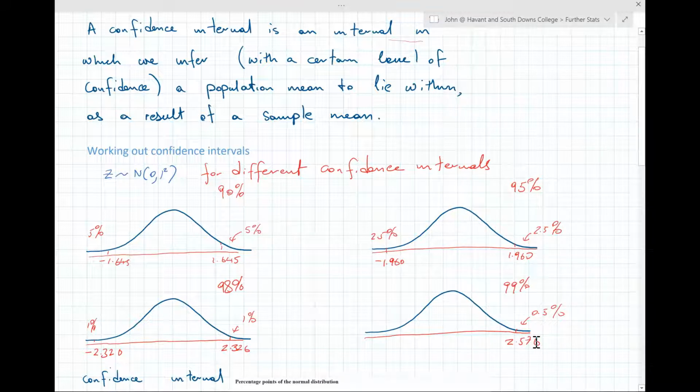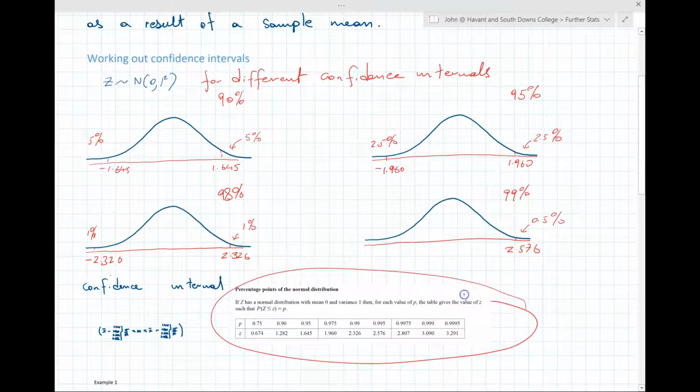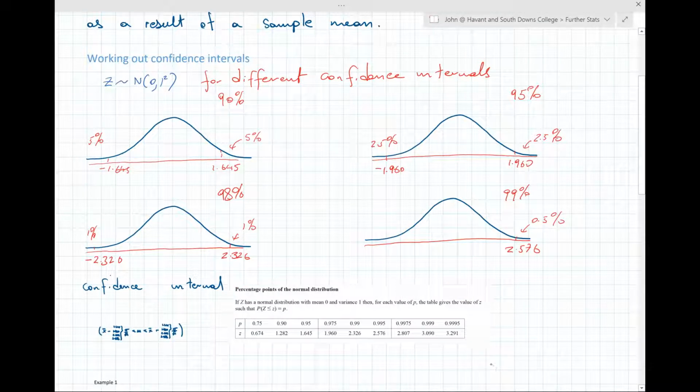Well, if you're doing one of the A-level courses, the OCR, for example, the A-level Further Maths courses, you will find in the formula book probably some appropriate values, which will give you some of these. So, for example, the 90% one, we'd have to look for 0.95 because we've got 5% either side, so it's 1.645.